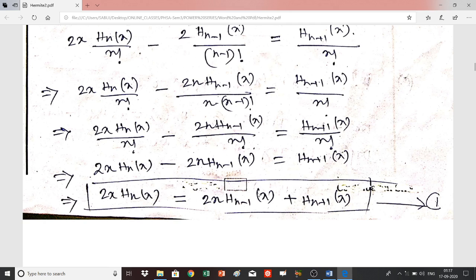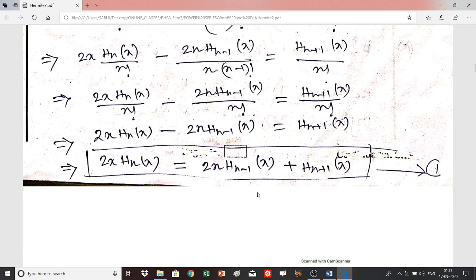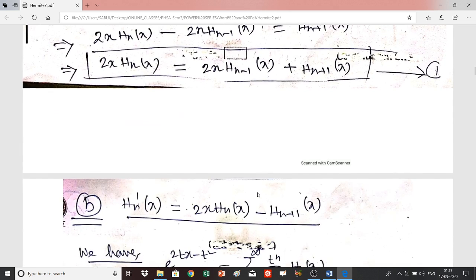This is another important identity, which we had to prove, and here we have proved it.